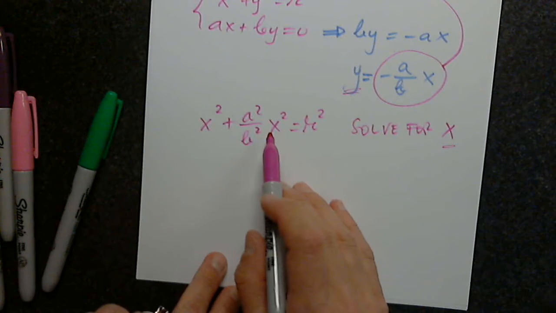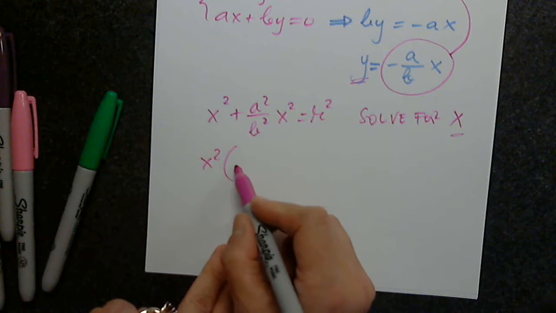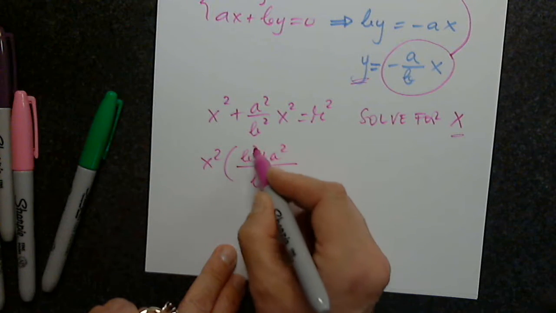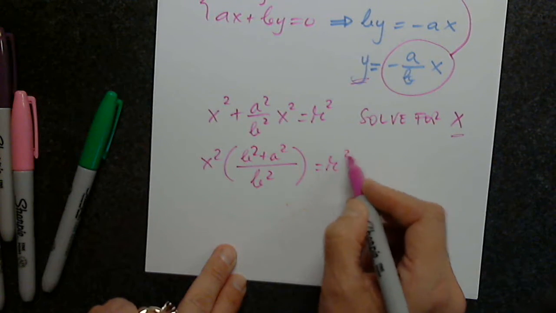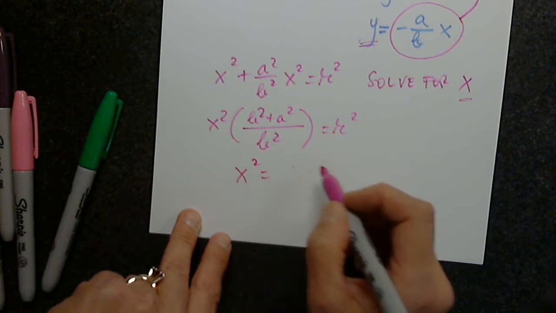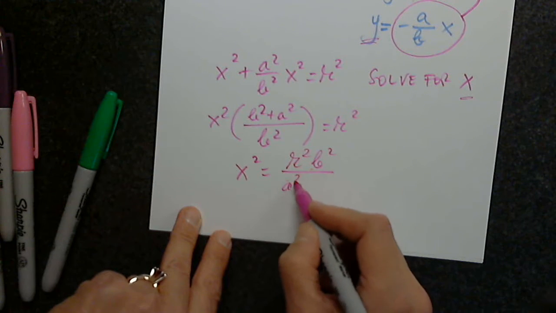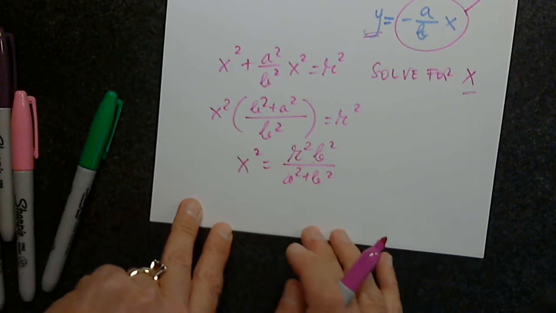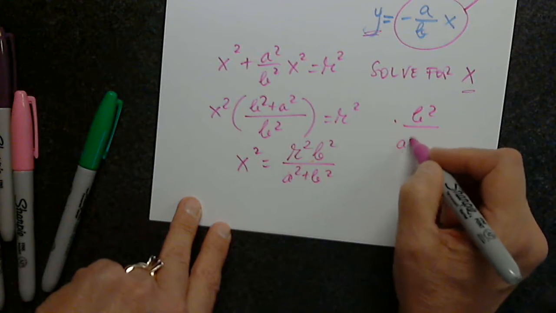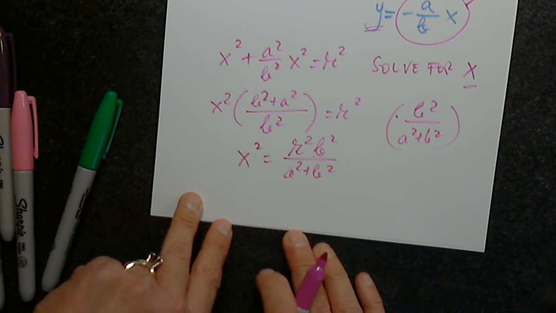Good. So I will factor out x squared because I cannot combine them, and find the least common denominator to be b squared. So then b squared plus a squared equals r squared. So therefore x squared equals r squared, b squared over a squared plus b squared. I multiplied both sides by b squared over a squared plus b squared, so I can get x squared.